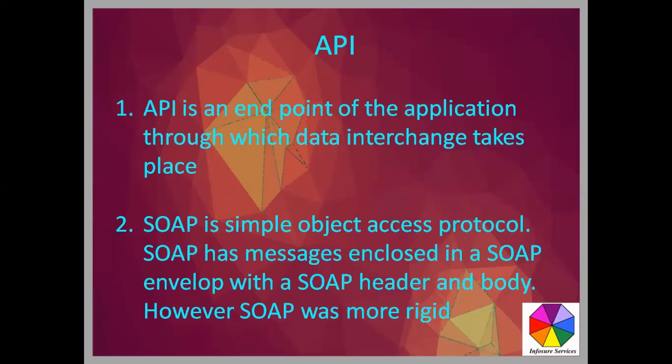With that, you are passing a fragment of information and you're trying to do an HTTP GET. The data interchange takes place from the server to the client. So you are a client, that's a server. The API is an endpoint.